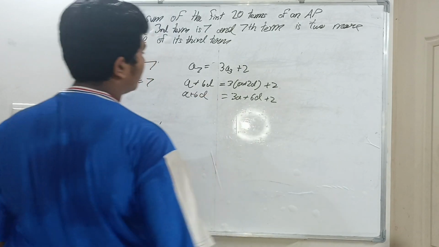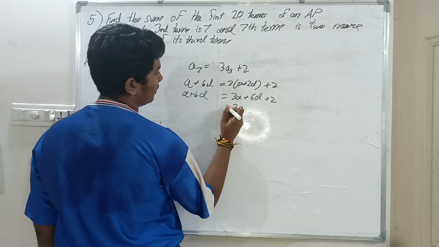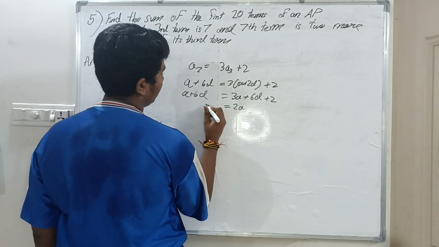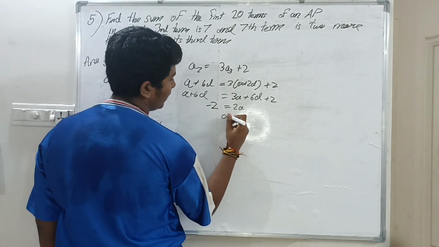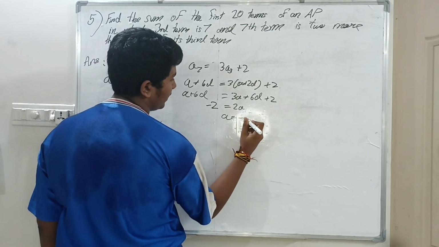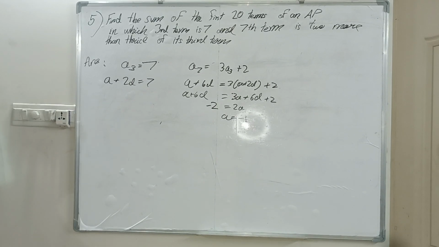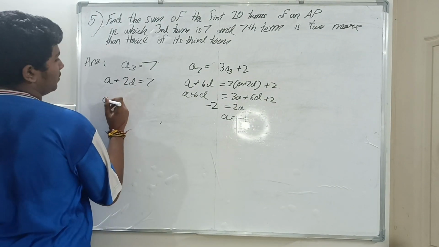Now I can substitute this, right? Here will be 2a. Here will be 6d, 6d cut. Here will be how much? Minus 2, where a is equal to minus 1. Now if you have to substitute this one with this, you will get d.